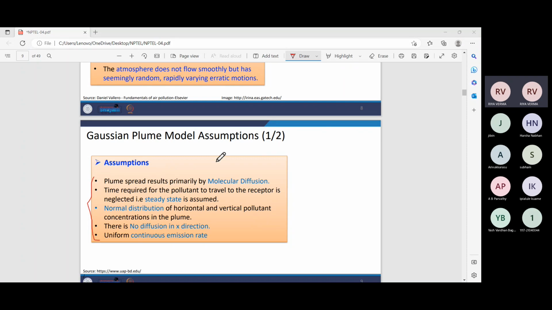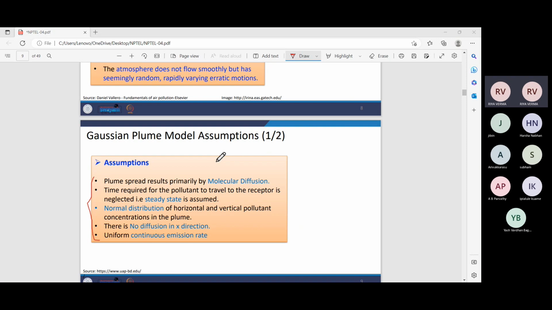In the Gaussian plume model, we assume that the time required for the pollutant to travel, for example from a stack to a certain receptor location, is neglected.